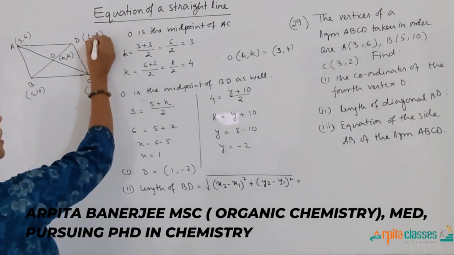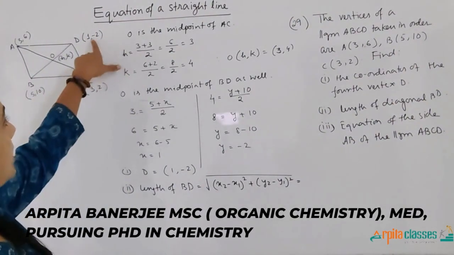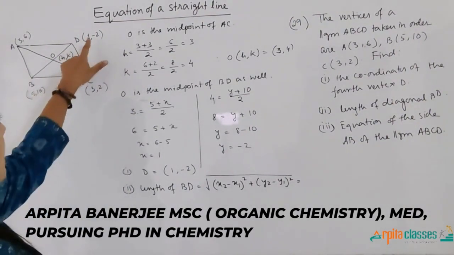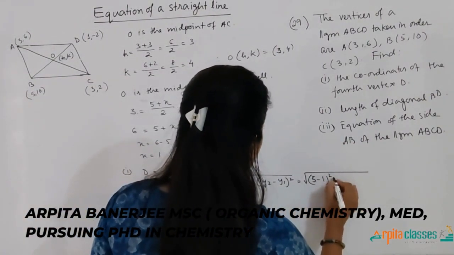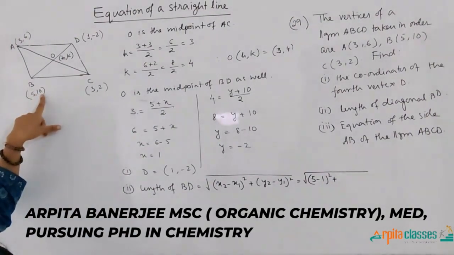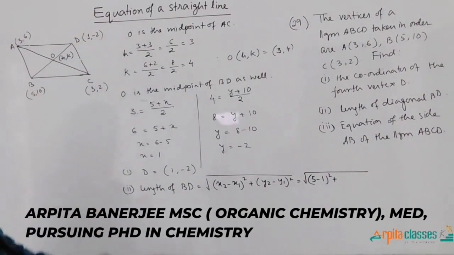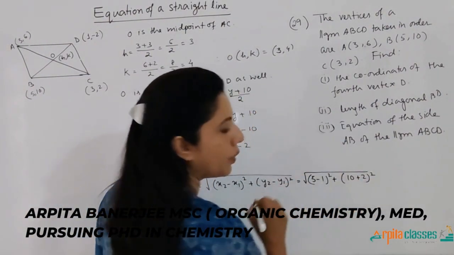Consider this as x2 and this as x1. So x2 minus x1 will be 5 minus 1 the whole square plus 10 minus of minus 2 the whole square, that is 10 plus 2 the whole square.